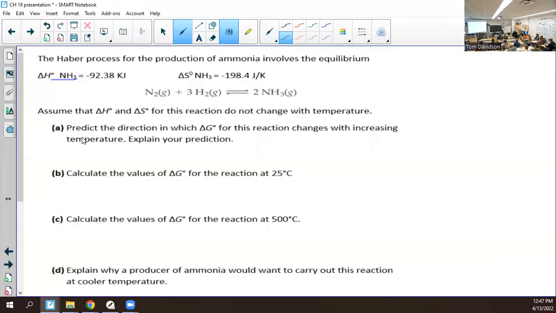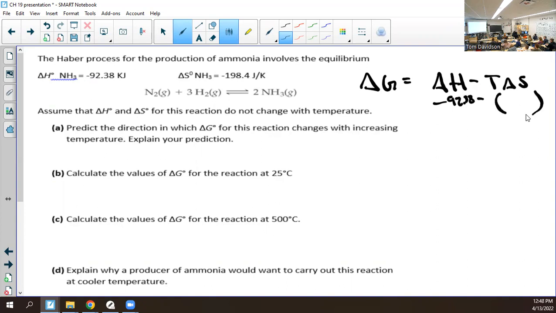So here we go. Predict the direction of delta G for this reaction with increasing temperature. Explain. So remember, delta G equals delta H minus T delta S, correct? All right, H is a negative 92.38 minus, all right, what is delta S?